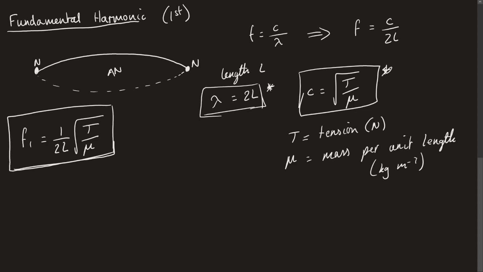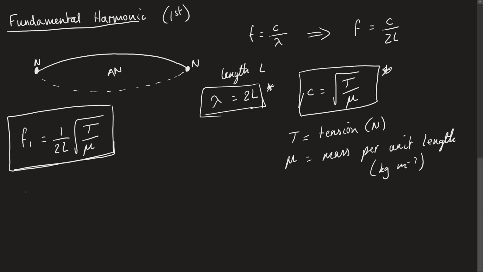The tension in the string is going to be a constant, and so is its mass per unit length, or its linear density. So this is a very specific frequency where if we hit that frequency, or we pluck the string at that specific frequency, it will form that harmonic. If we were to increase the frequency, it's then not going to form a harmonic until we get to a second harmonic, which is another very specific frequency.